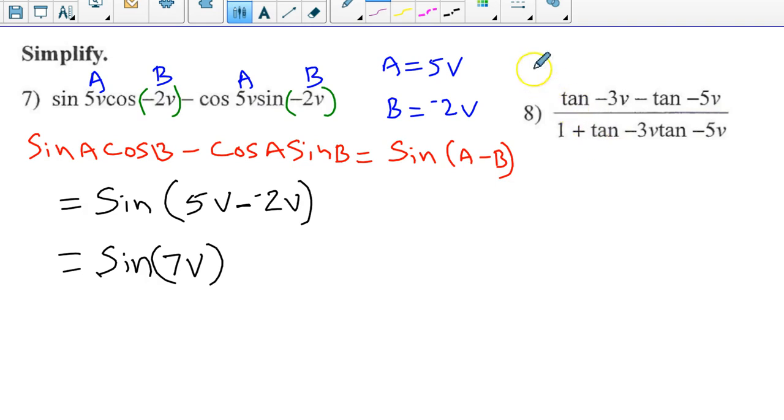Now what about this? I'll make use of the tangent formula here.